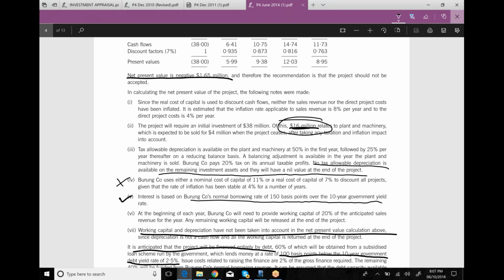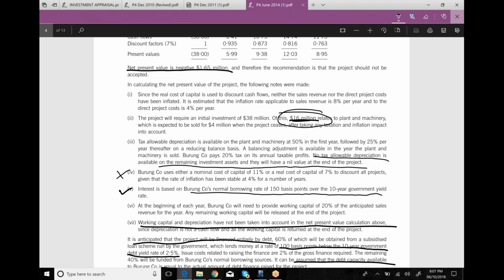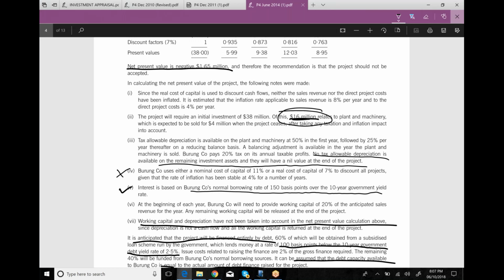At the beginning of each year, Burung company will need to provide working capital of 20% of anticipated sales revenue for the year. Any remaining working capital will be released at the end of the budget. Now, I hope you are familiar with the workings of working capital. Working capital and depreciation have not been taken into account in the net present value calculation above. Now, he is giving you the reason why they have not taken depreciation and working capital.